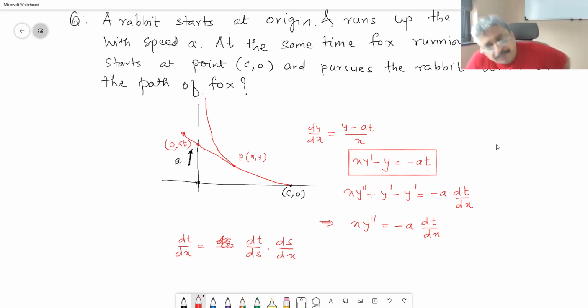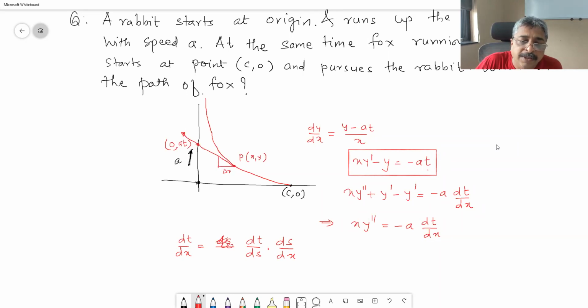Now ds by dt is the velocity, the speed of the fox, and ds is the distance traveled. ds upon dx we need to find out.